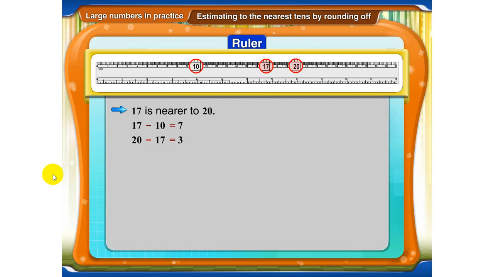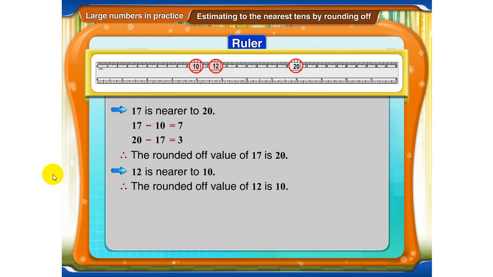So 17 is nearer to 20. So we round off 17 as 20, correct to the nearest tens. Now consider 12, which also lies between 10 and 20. However, 12 is closer to 10 than to 20. So we round off 12 to 10, correct to the nearest tens.